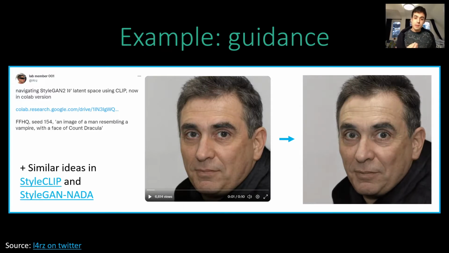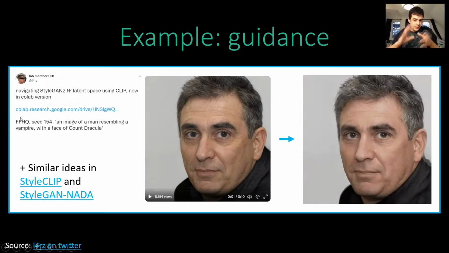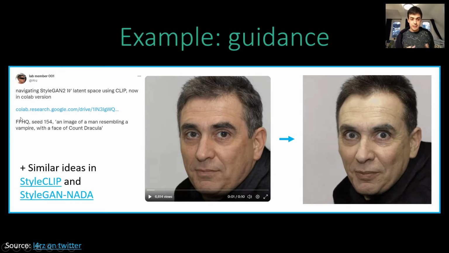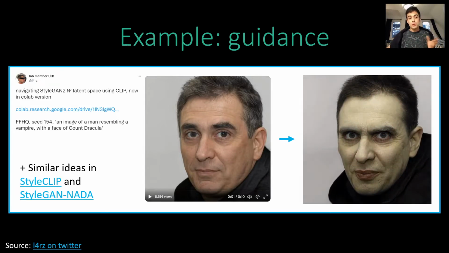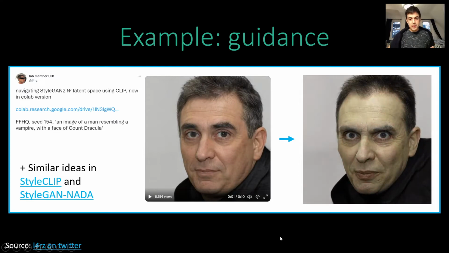For example, being able to say to a pre-trained StyleGAN2 network, which is just generating faces, trained on the FFHQ dataset, a standard released model that we could download from the repository, that we want an image of a man resembling a vampire with the face of Count Dracula. It would start somewhere and then go in that direction to generate that image, and this is quite cool.